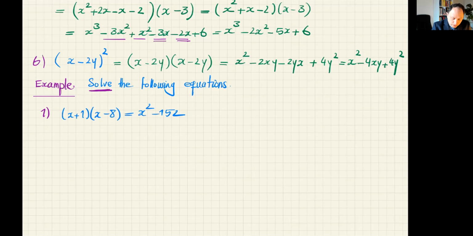First of all, I hope that this makes sense. Solve makes sense here. The left-hand side itself is an algebraic expression. The right-hand side itself is an algebraic expression, but you see the equality between them. So this is called an equation. It is not an expression. And when we are dealing with an equation, the good word for it is to solve it. It means to find the appropriate value for the variable x here.